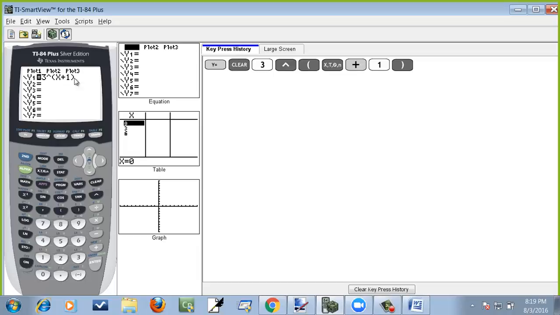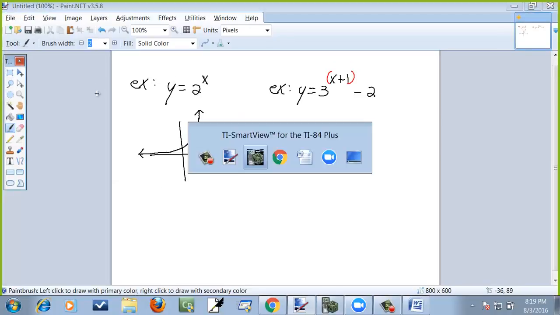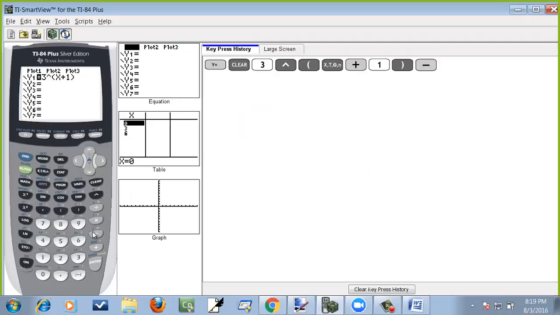What I mean by exponent mode is if you see a caret like this, you got one of the older T84 operating systems. I don't care if you just bought it yesterday, it's one of the older ones. It would look like an actual exponent if you had one of the newer ones. And again, to get it out of the exponent, you press your right arrow key. And then minus 2. And then graph. And that would be our answer.